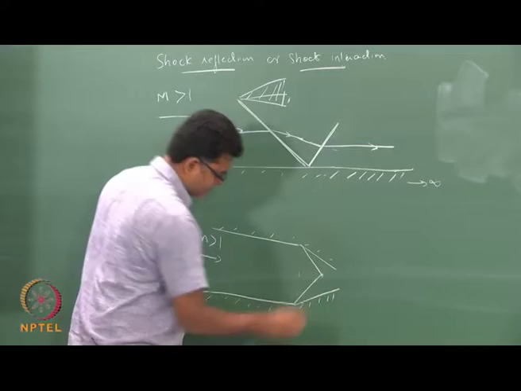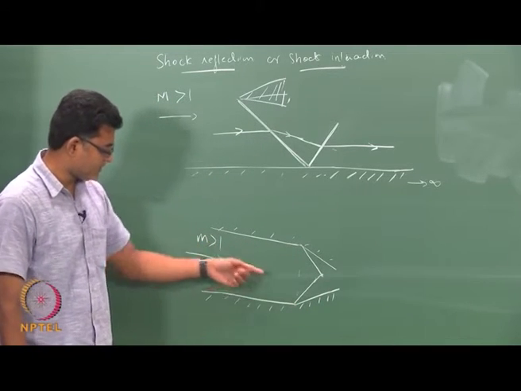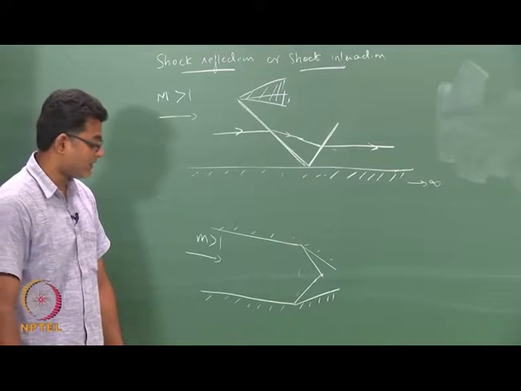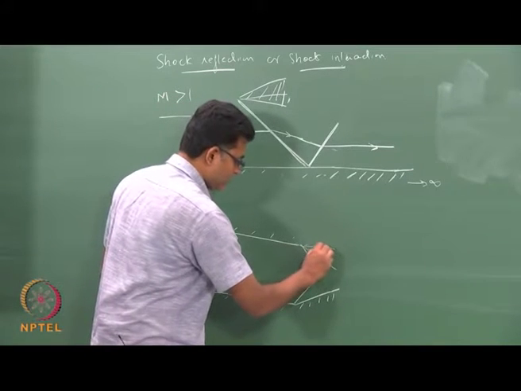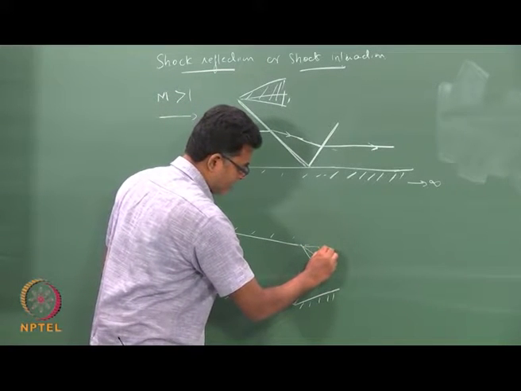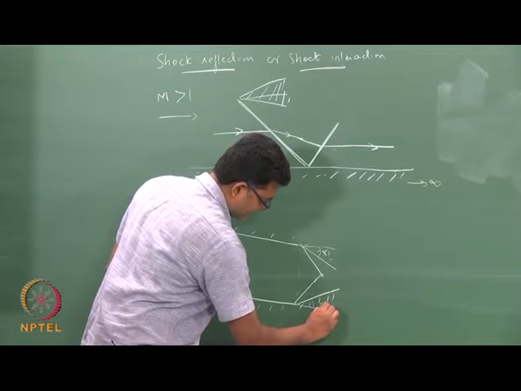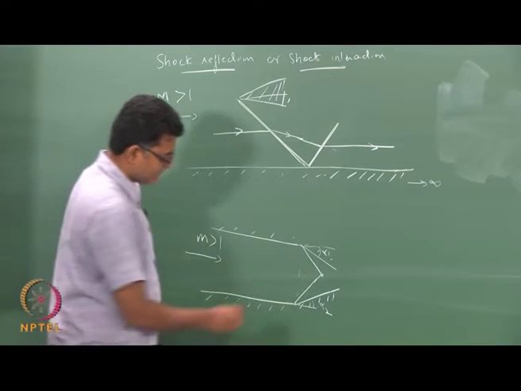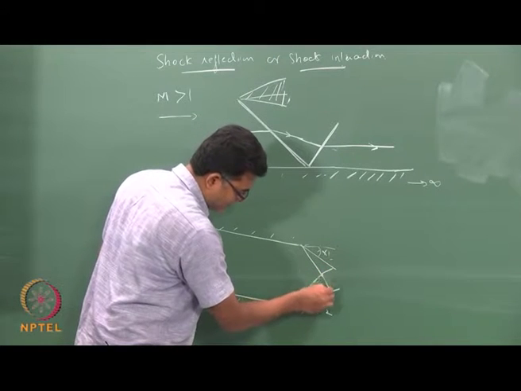These can interact at some position. If these angles are the same, they will interact at the center line. Otherwise, there would be a different location in which they interact depending on this angle, say alpha 1, and this angle alpha 2. Okay. And once this reflects, there will be another oblique shock that is formed out of this.